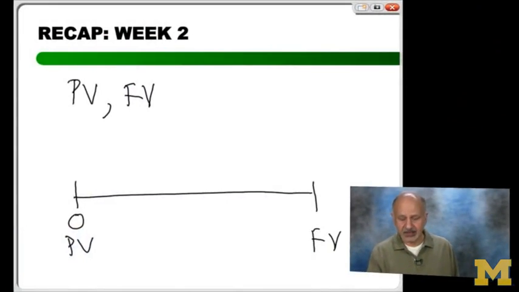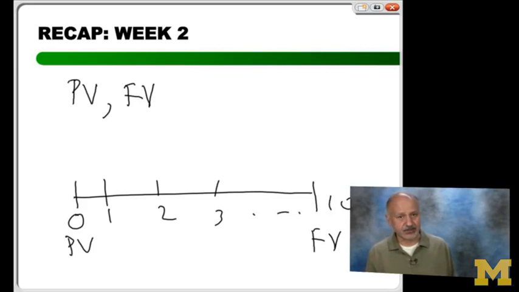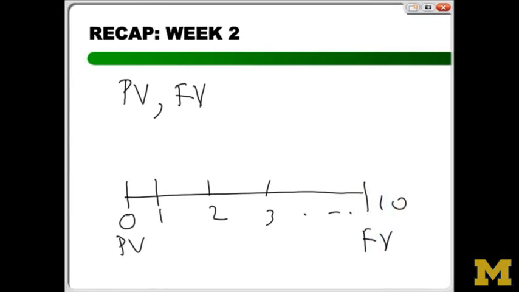And if you want to draw a timeline, what we did was we recognized this was somewhere here and this was somewhere here. The length of this interval or number of periods clearly depends on the nature of the problem. So I'm just picking 10 just for the heck of it. We recognize how to move forward and back using just PV, FV.